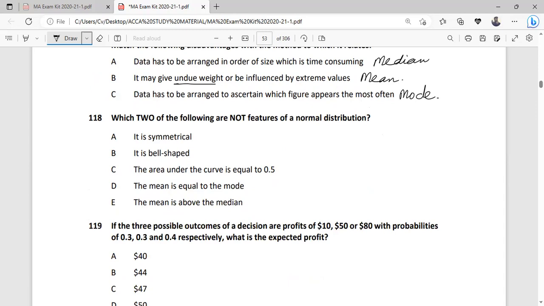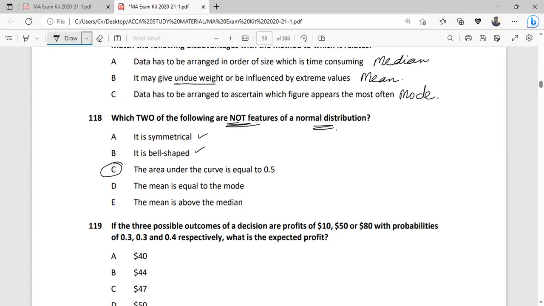Which two of the following are not features of normal distribution? It is asymmetrical, it is a feature. It is bell-shaped, it is a feature. The area under the curve is equal to 0.5. The area under the curve is not equal to 0.5, it is not a feature of normal distribution.